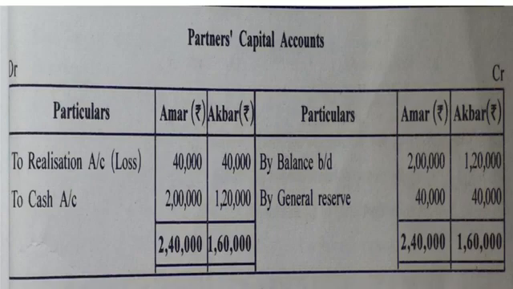The opening balance of capital is rupees 2 lakh and rupees 1,20,000 respectively, the one which we have obtained with necessary calculations. In the balance sheet, we have obtained this by assuming X as a capital of Akbar, and then on such basis we have obtained the balance of capital of Amar.